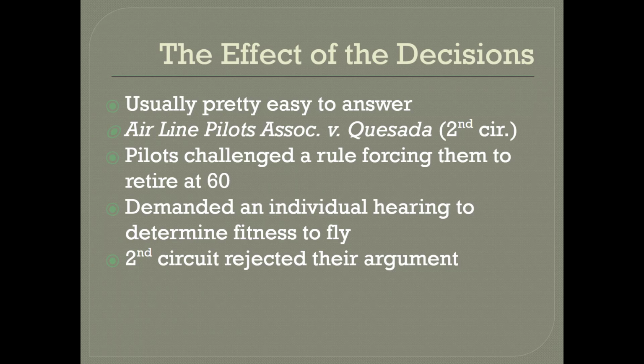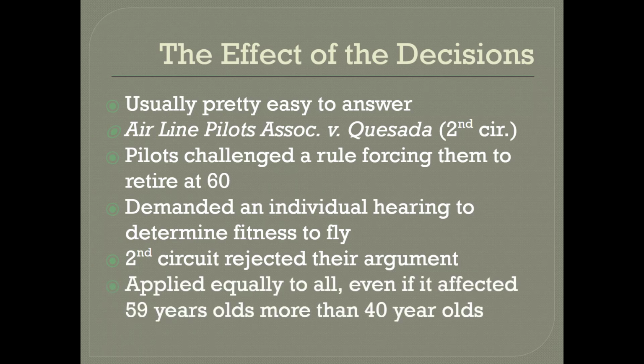And as a result, it couldn't be challenged because it was rulemaking, not adjudication. And remember, that's what we're talking about. You can usually challenge rulemaking, but you can't challenge adjudications under due process. Or, excuse me, the other way around. And they said that this applied equally to everybody, even if it affected 59-year-olds more than 40-year-olds.